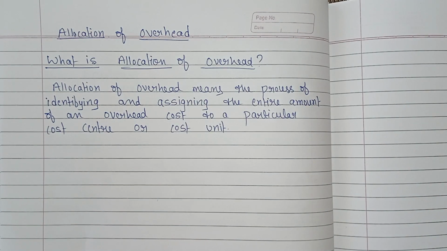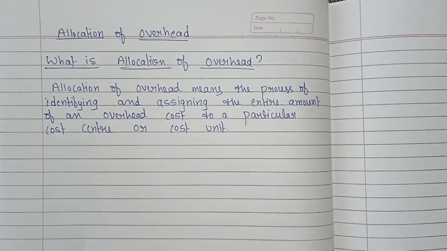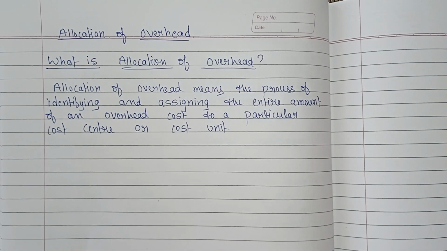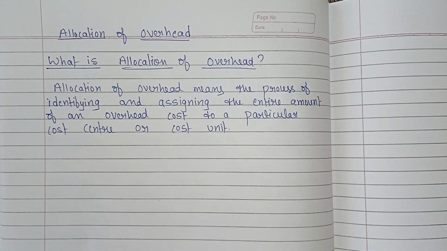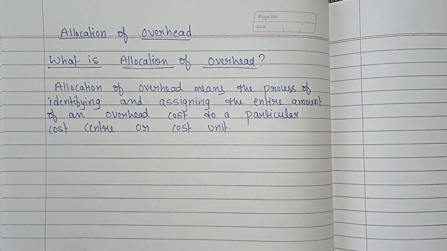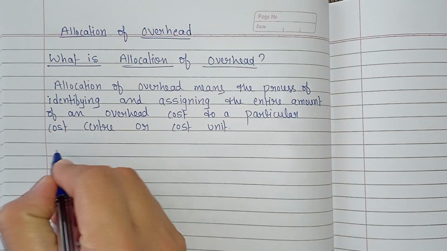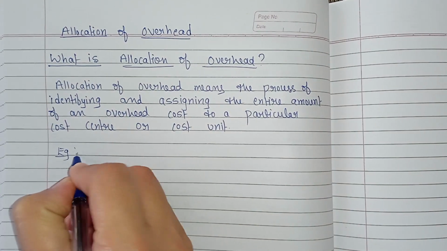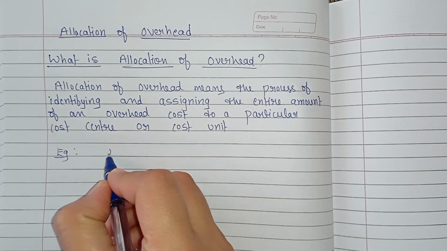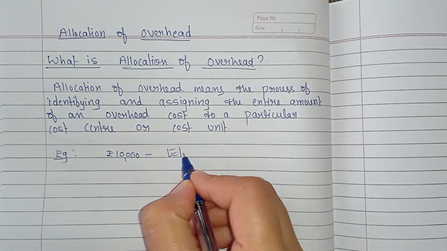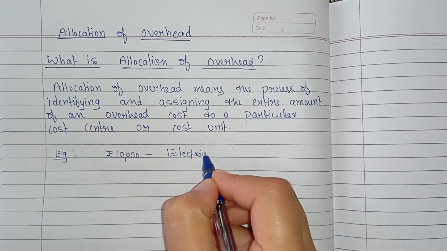So this allocation of overhead means what? It is the process of identifying and assigning the entire amount of an overhead cost to a particular cost center or cost unit. I will explain this through one example. Let's say a factory paid rupees 10,000 as electricity charges.